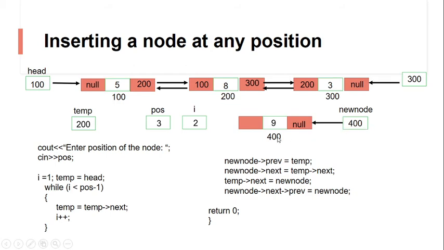That is where this 400 will go. It will be inserted in this portion, and the link between 300 and 200 will be disconnected. This null will obtain the value of this one, which is 200.